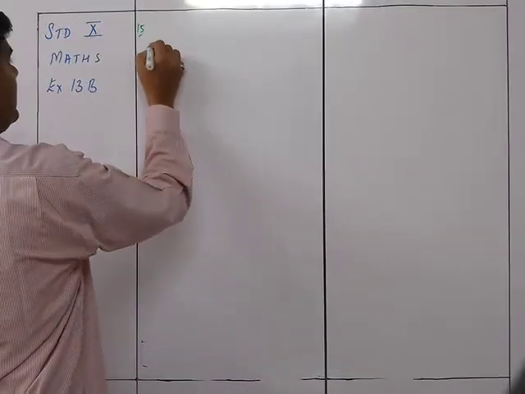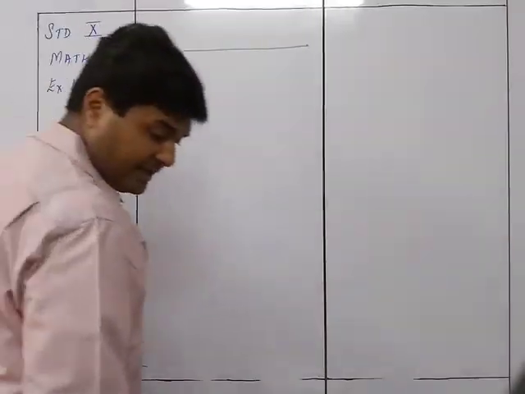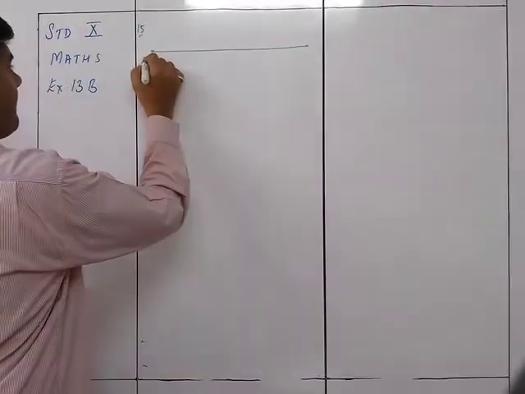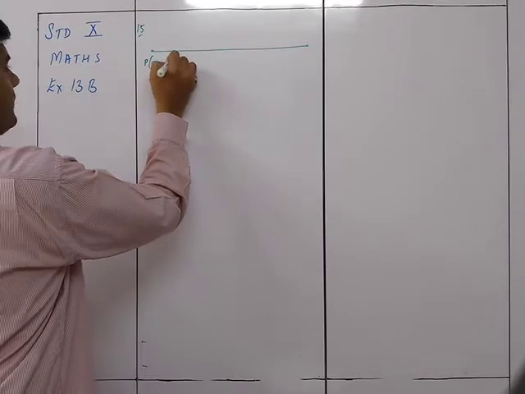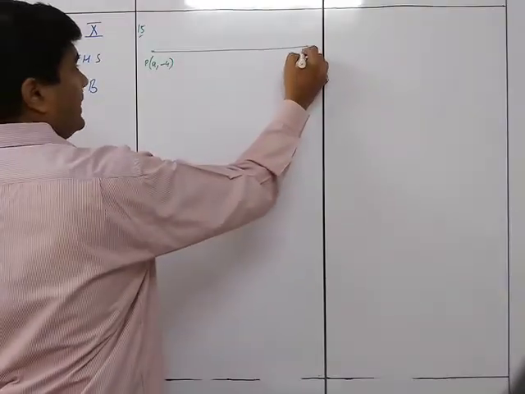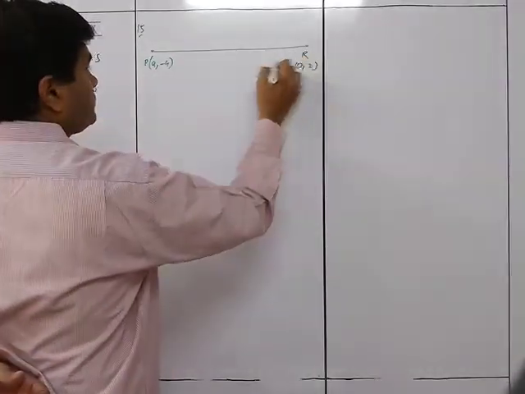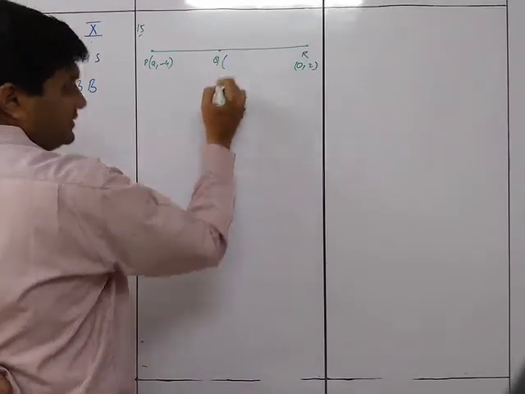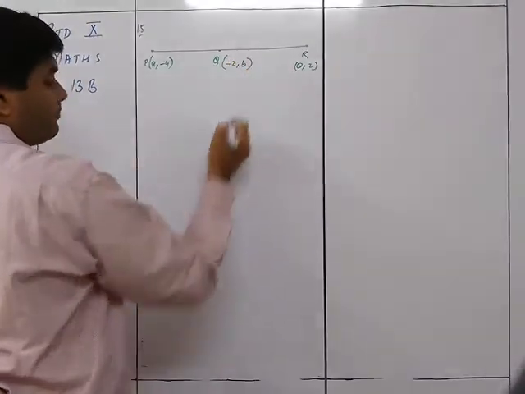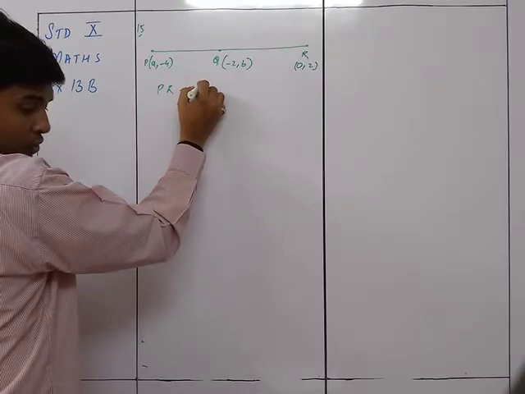So we have got a collinear line over here such that P is a comma minus 4, Q is lying between P and R, so R over here is given as 0 comma 2, and Q over here is given as minus 2, B. It is given that PR is equal to twice QR.